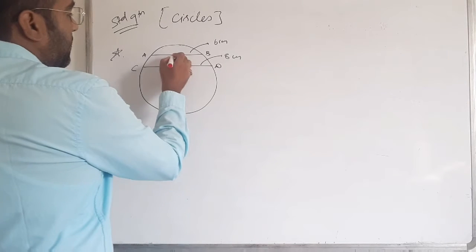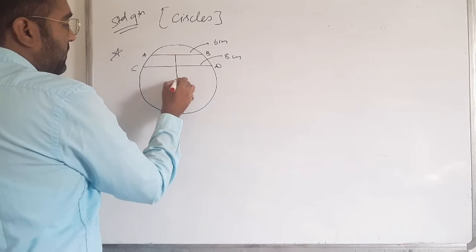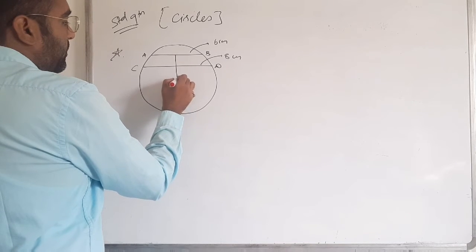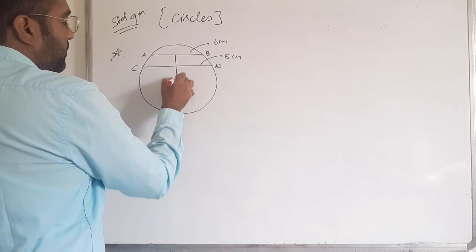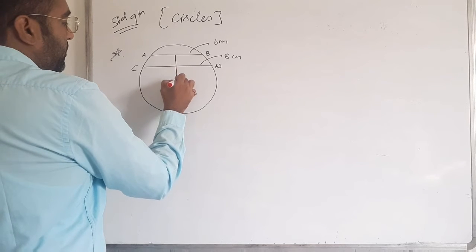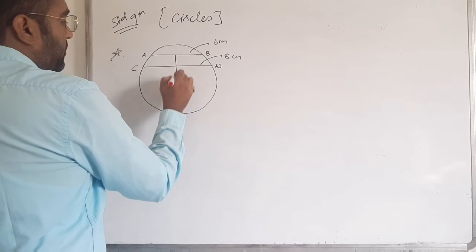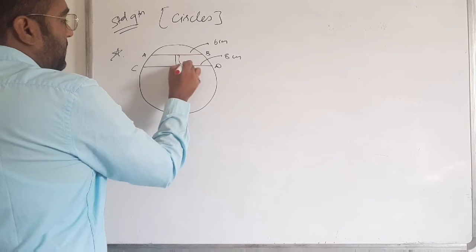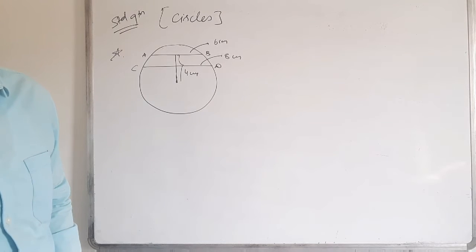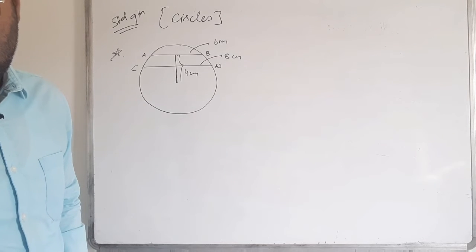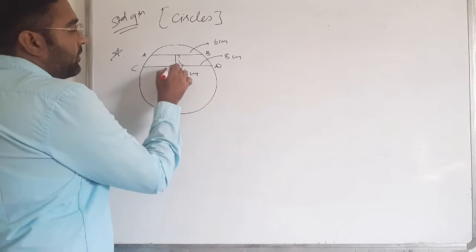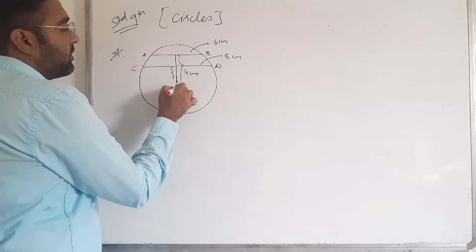The distance from the center of the circle to the smaller chord is 4 cm. Here is the 4 cm. What is the distance of the other chord from the center? You need to find this distance.